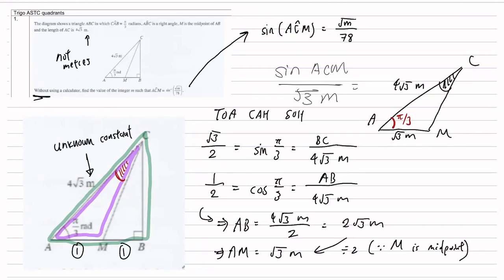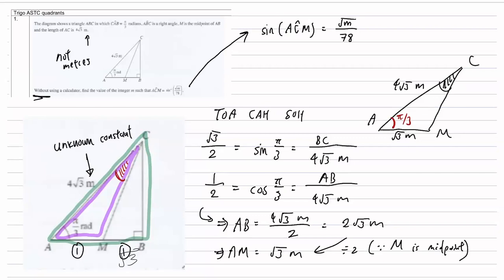My recommended way is, you want CM. We are focusing so much on this triangle because we want CM, and we realize it's part of this triangle, but it's actually also a part of another. Oh, yeah. So you know MB is root 3.